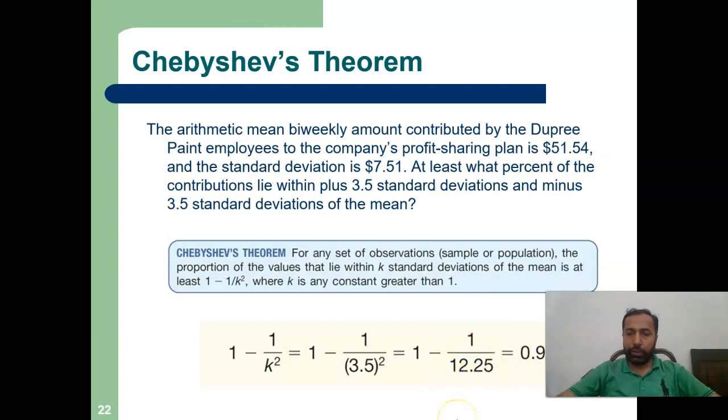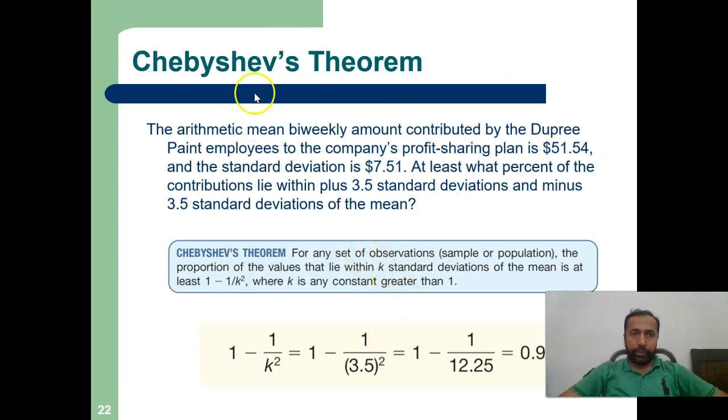So we conclude that 92% of the values lie within 3.5 standard deviations if the mean is 51.54 and the standard deviation is 7.51. We can easily calculate the boundary numbers as well.